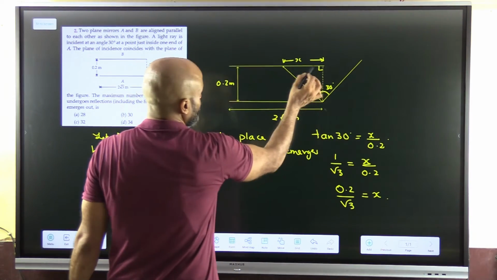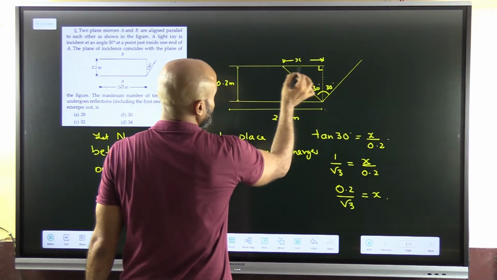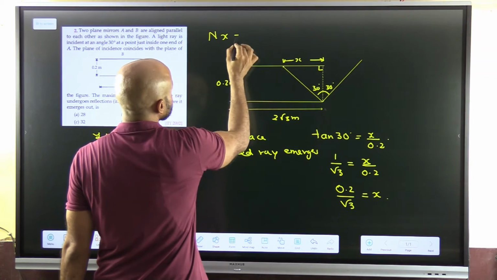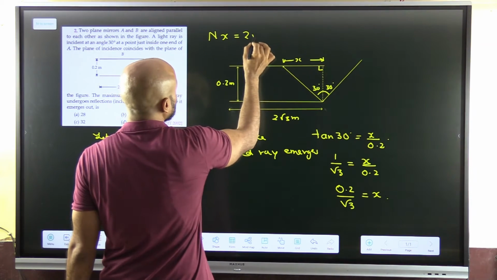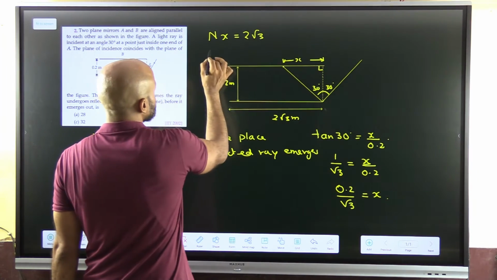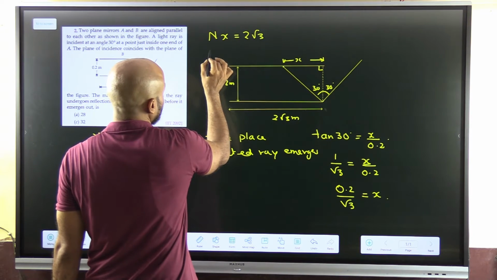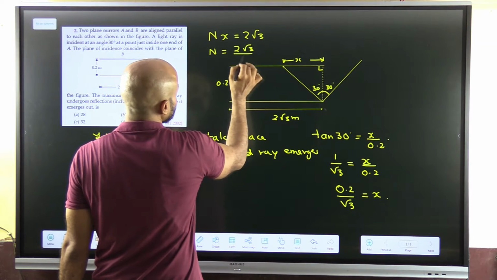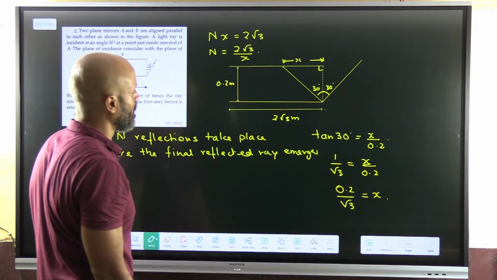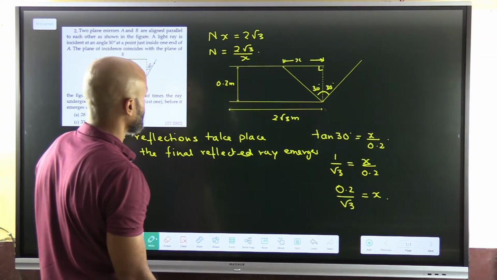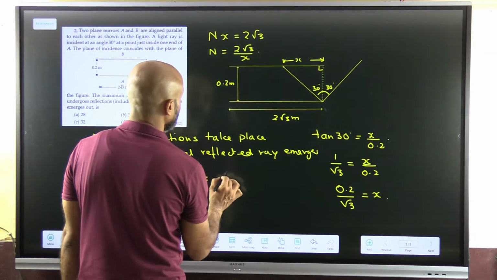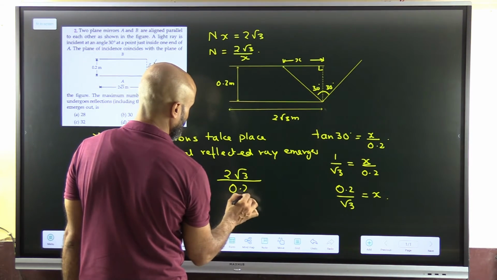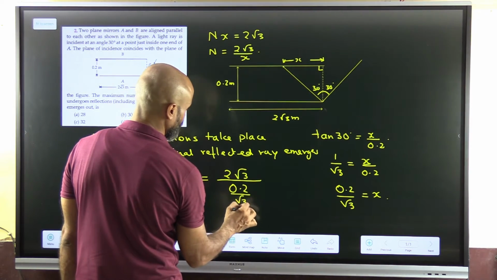For every reflection the distance covered will be x. So here n into x will be equal to 2 under root 3. So n will be 2 under root 3 by x, that is 2 under root 3 by 0.2 upon under root 3.